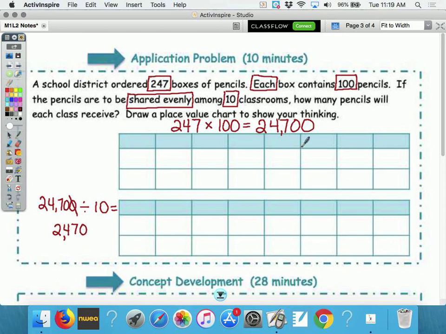Now we need to place these on the place value chart. How many place value charts do you have to label? Just 1.